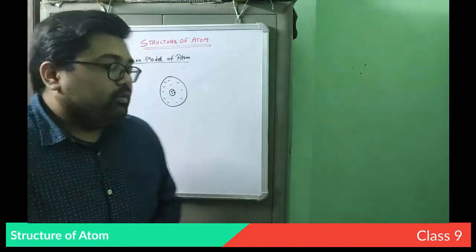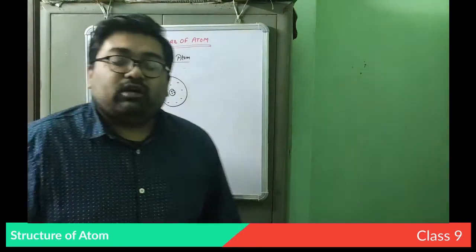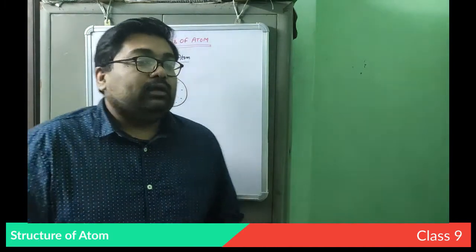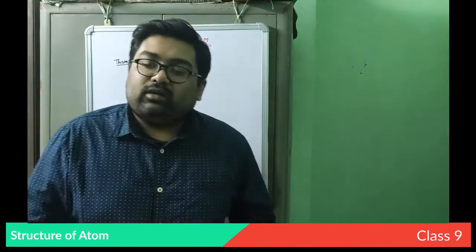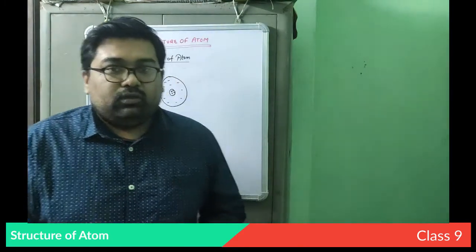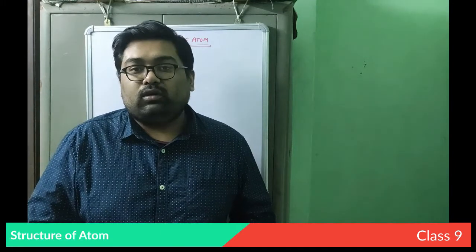That means it contains a spherical positively charged center surrounded by negatively charged electrons. This was proposed by Thomson in his model.